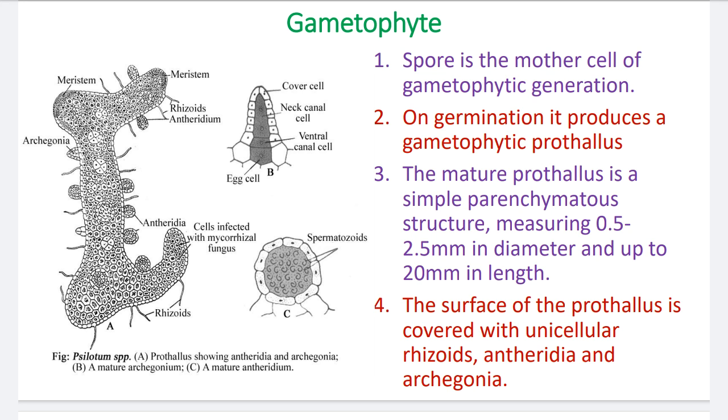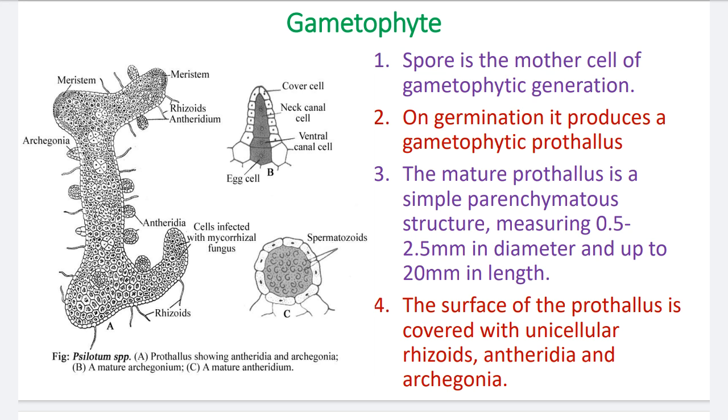Both are haploid, and fusion of the male gamete and female gamete takes place, and a diploid zygote is formed on the prothallus. That diploid zygote goes into cell division, through mitosis, and produces the embryo, which is inconspicuous in nature, and that embryo further produces the sporophytic plant body from the prothallus, or gametophytic plant body. In this way, this is the alternation of generations in Psilotum.